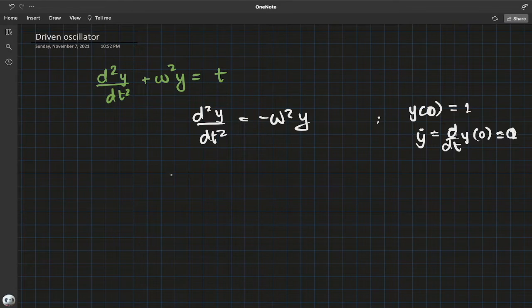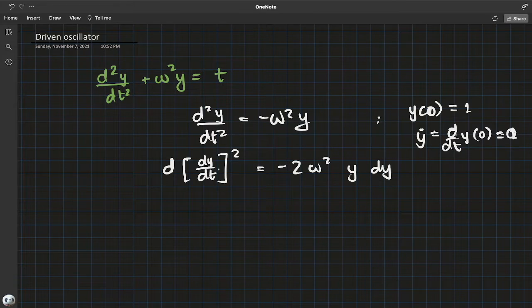If you use the method of quadrature, you can write this as the differential of dy over dt, entire thing squared, is equal to negative 2 omega squared y dy, and of course let's integrate both sides.